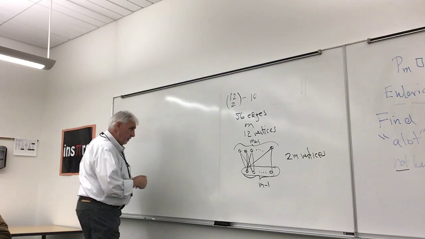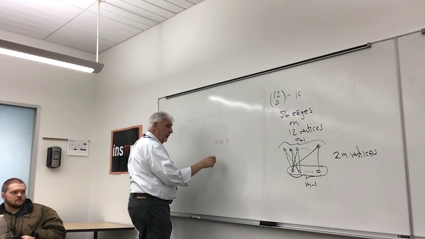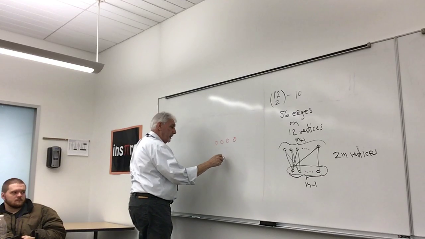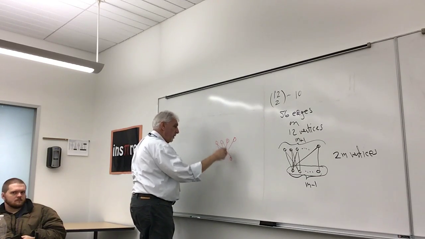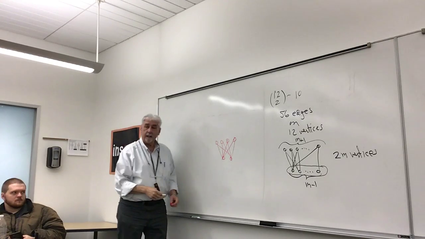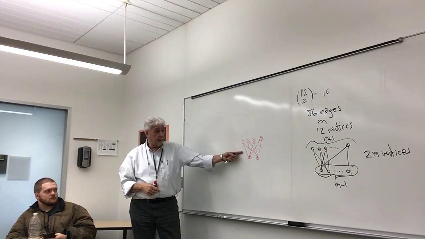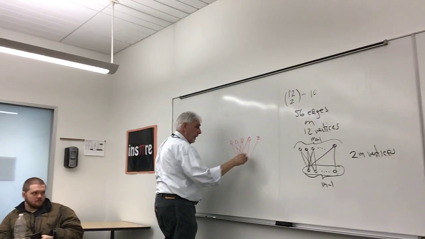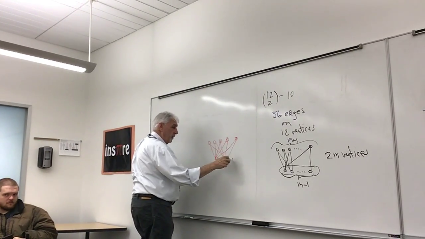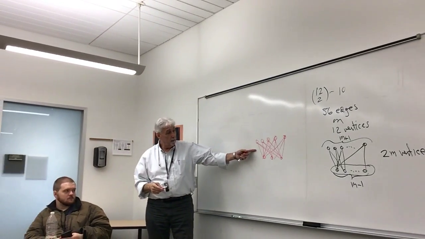Let's look at a small example. Like m is 3, so on the top I have 4 vertices. What's the longest cycle in this graph? 4 out of 6. Let me add a vertex. Let me add another vertex. Again, this is not Hamiltonian.